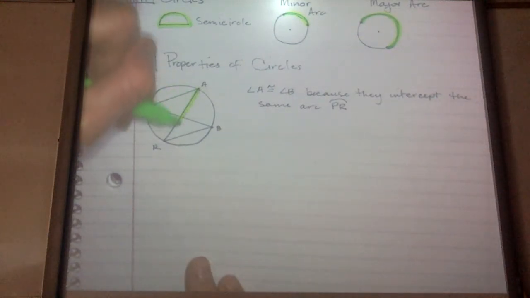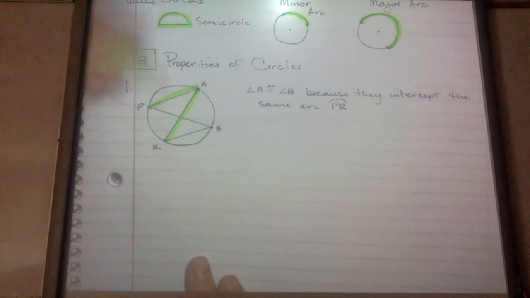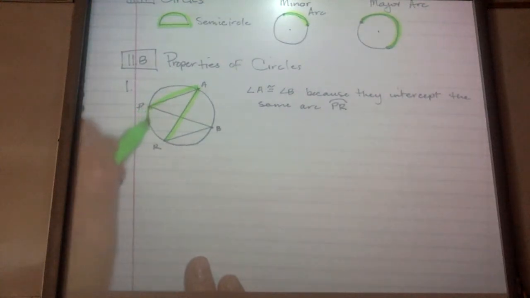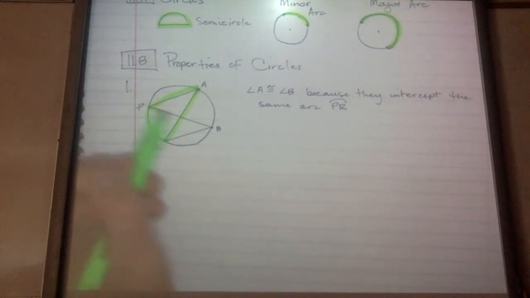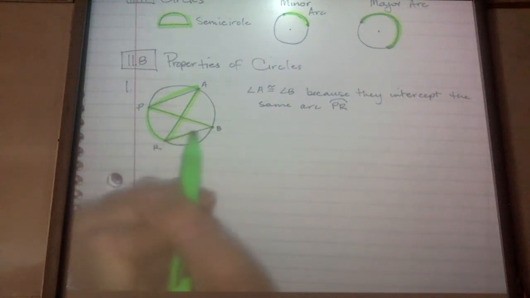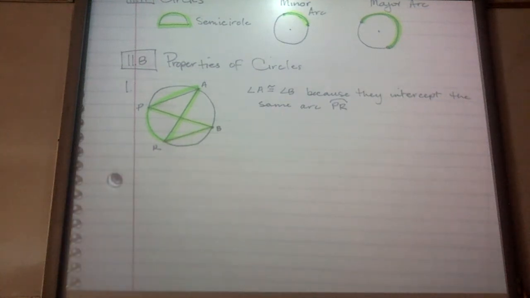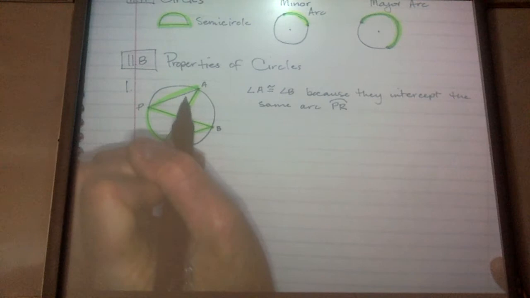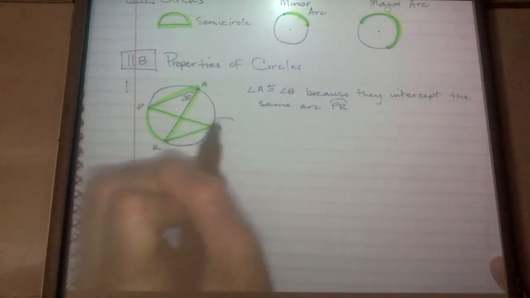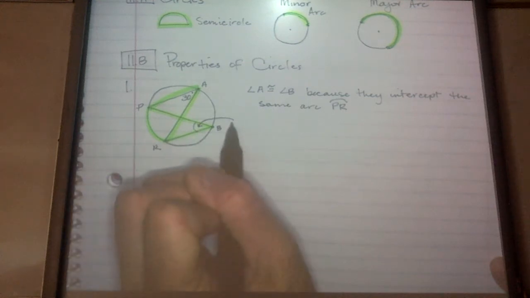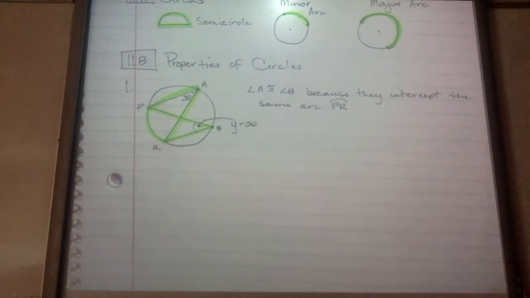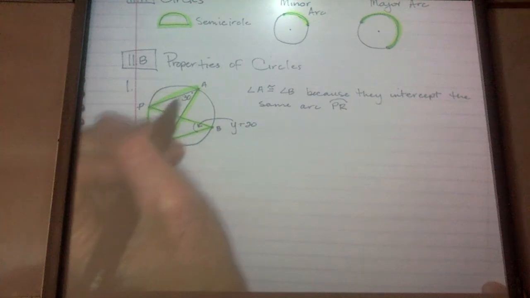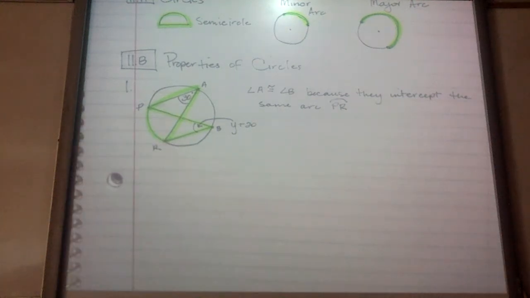Angle A goes to arc PR, and so does angle B if you trace it back. Now, remember they're talking about those two angles. So let's just say angle A is 30 degrees, that must be congruent to angle B, which I'm going to tell you is y plus 20. So there are those two, and we'll solve it in a second.